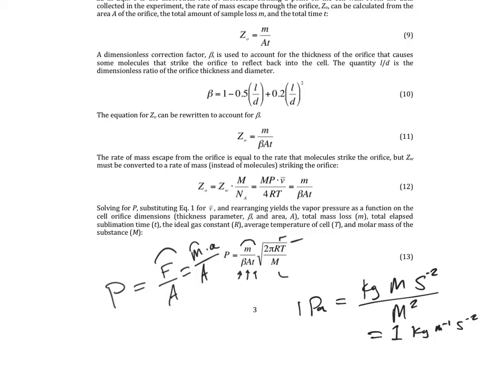And so if we plug in our mass loss in kilograms, our area in meters squared, our time in seconds, our temperature in units of Kelvin, and even our gas constant, we're going to want to use the joules per mole Kelvin units, where the SI unit of energy, the joule, is a kilogram meter squared per second squared.